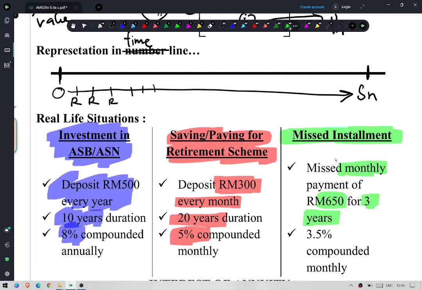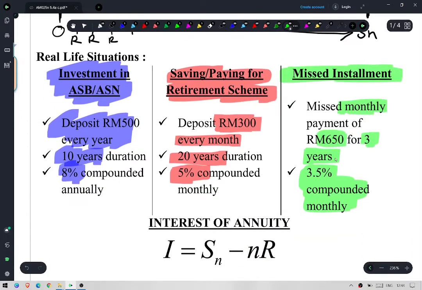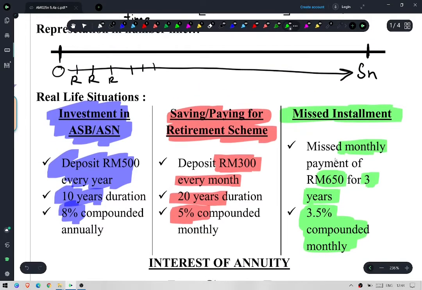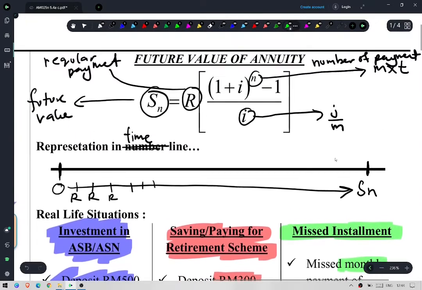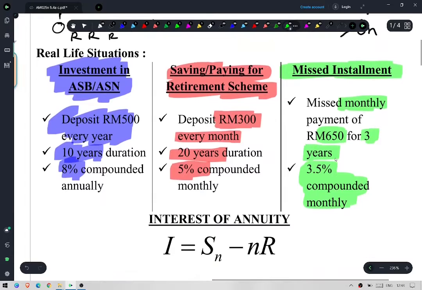Your 650 ringgit payment is accumulated for 3 years, and then they will impose a 3.5% interest compounded monthly on top of the sum. So there are three real life situations that we can use for calculating future value of annuity.